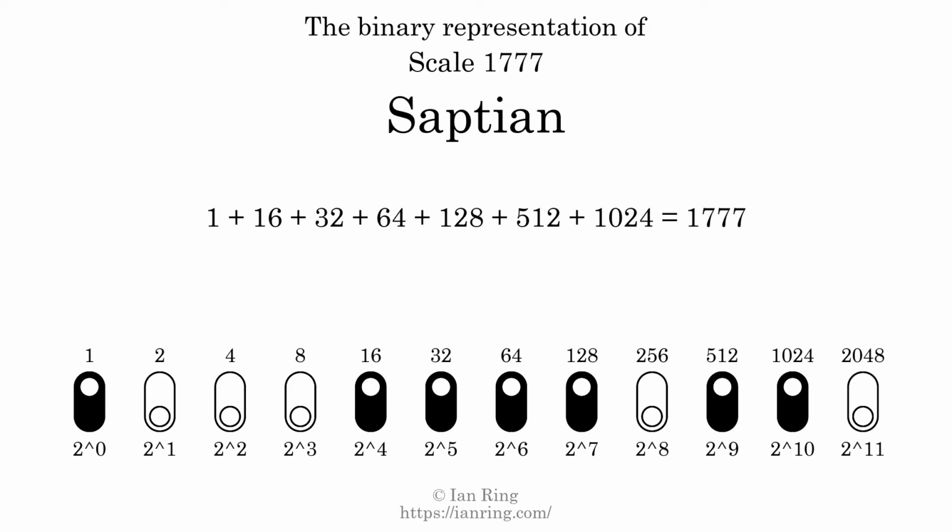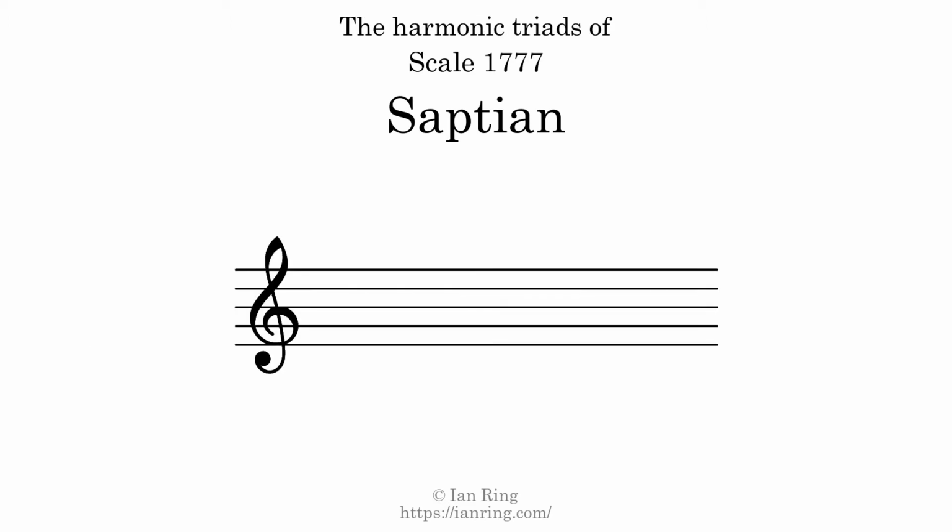That is why the scale number, in decimal, is 1777. The scale number not only enumerates the scale with a unique index, but it also literally describes the tonal content of the scale. Represented as a binary number in base 2, the scale number is 0110111100001.